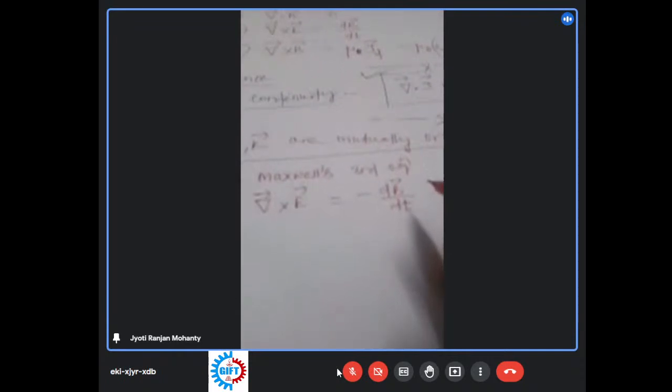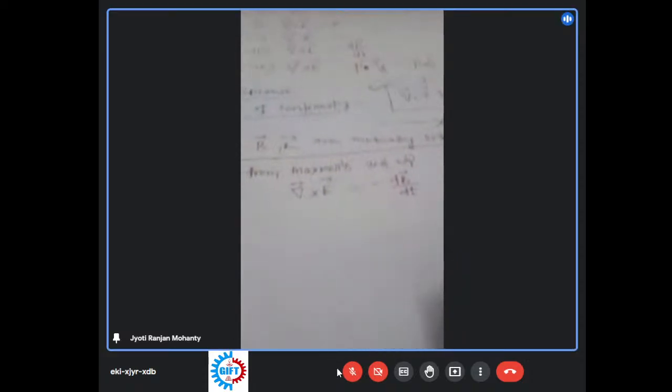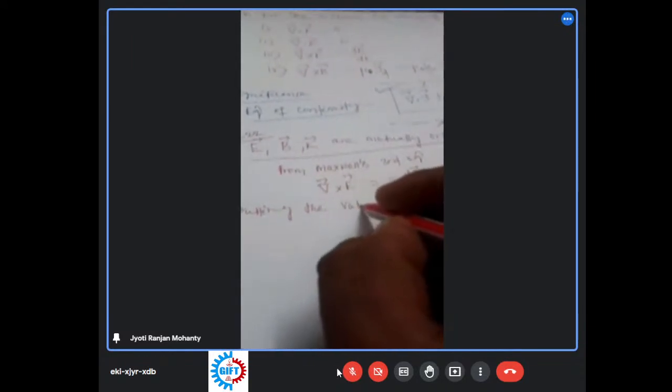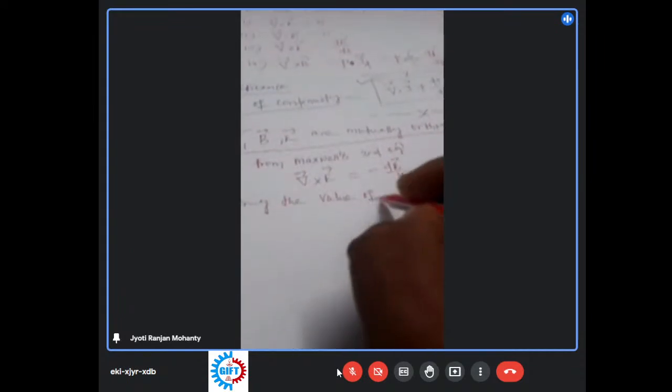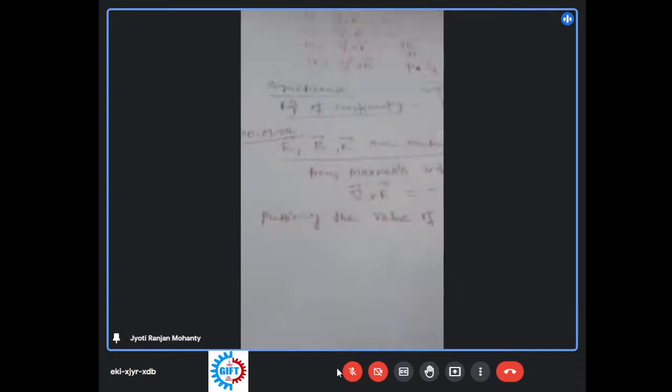Tell me the last equation number we have given. Equation number 6. So this is equation number 7. Okay. So putting the value of E for electric field from equation 2.